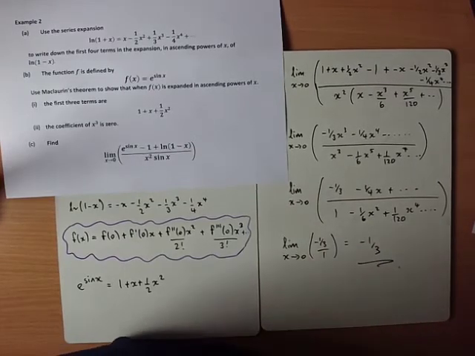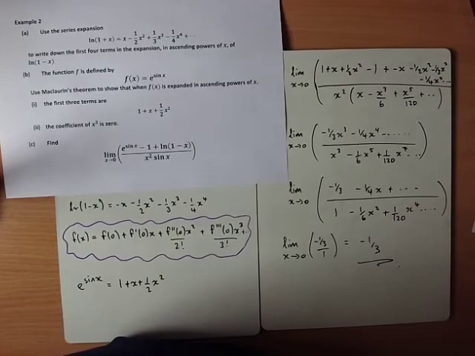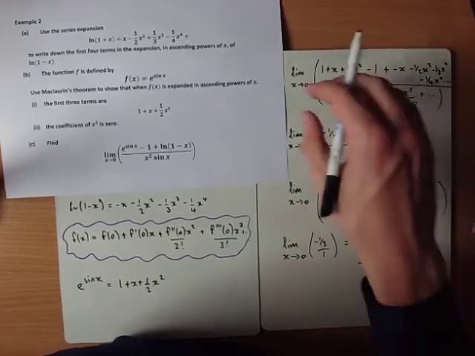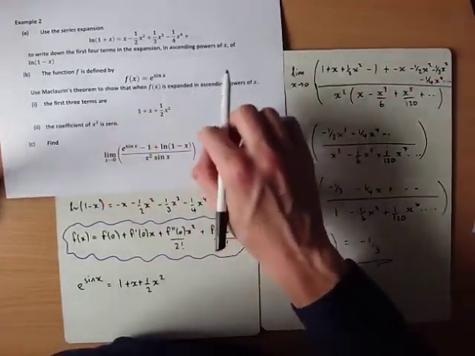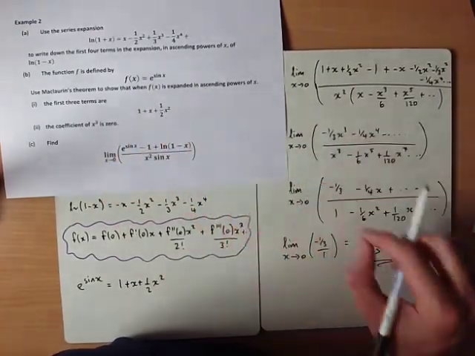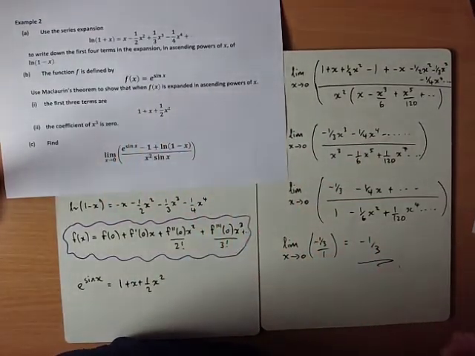The answer would just be minus 1/3. So therefore the limit as x tends to 0 would be equal to minus 1/3.